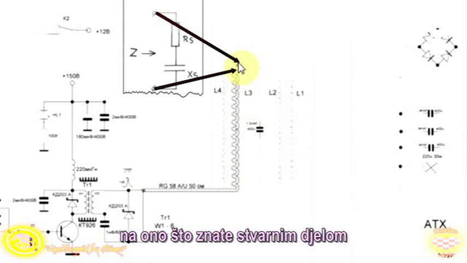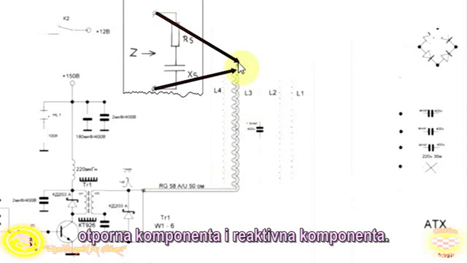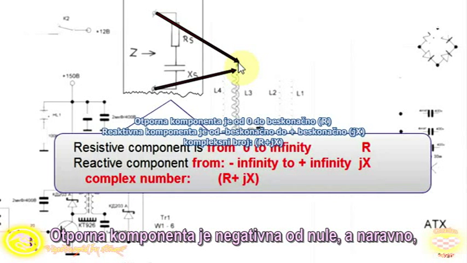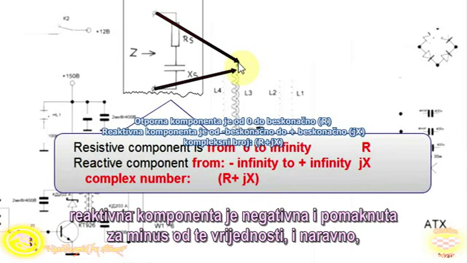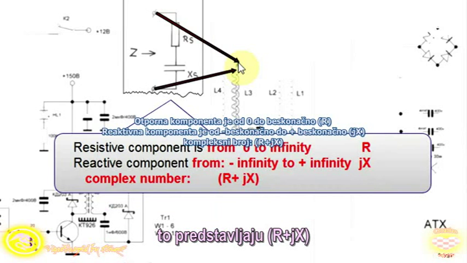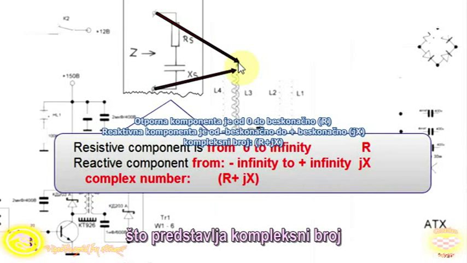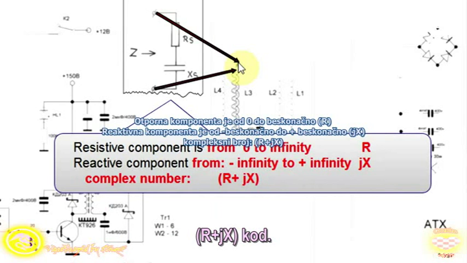But once you know the real impedance, and every real impedance is a resistive component and a reactive component. The resistive component is anything from 0 to infinity. The reactive component is anything from minus infinity to plus infinity. And you represent that as a complex number, R plus JX they call it.